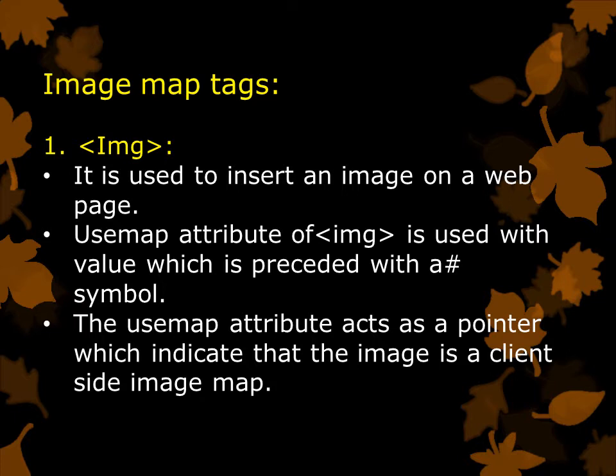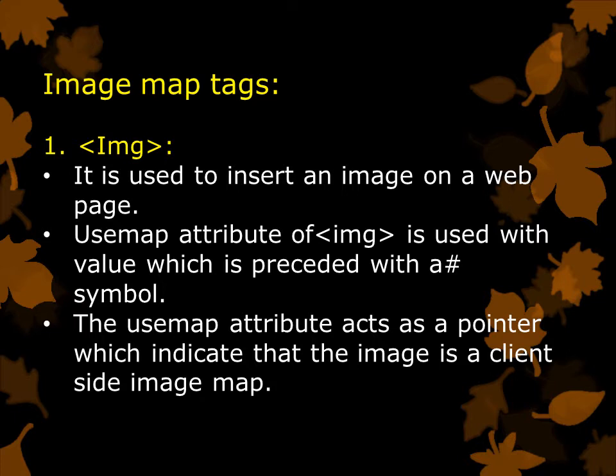Second point, the usemap attribute of image is used with a value which is preceded with a hash symbol. So usemap is an attribute of the image tag and it is always used with a value, and that value starts with a hash symbol. For example, usemap equal to #abc.